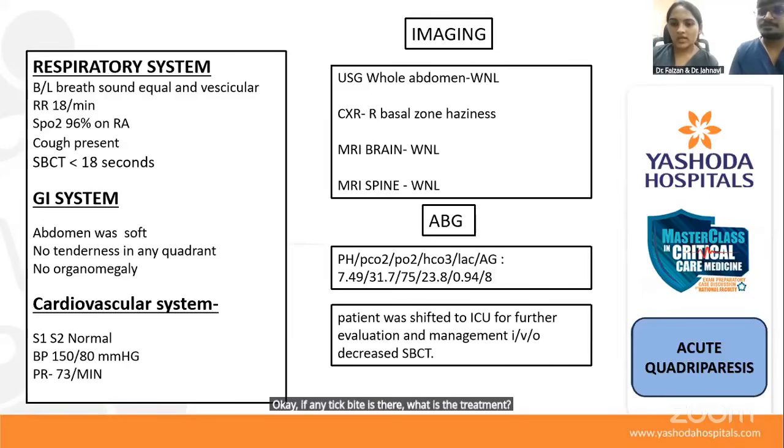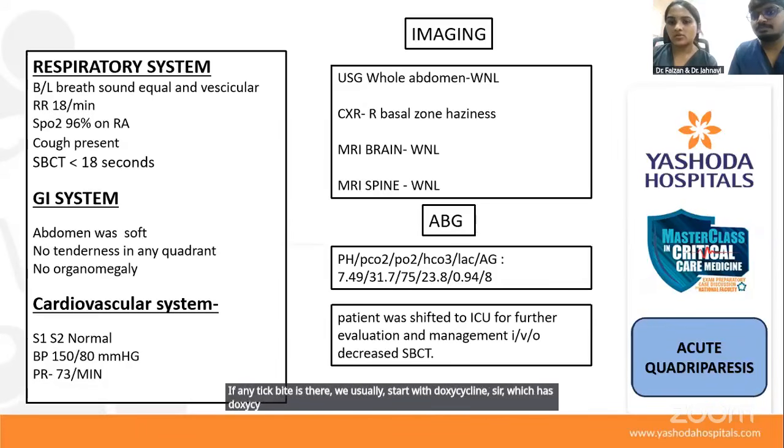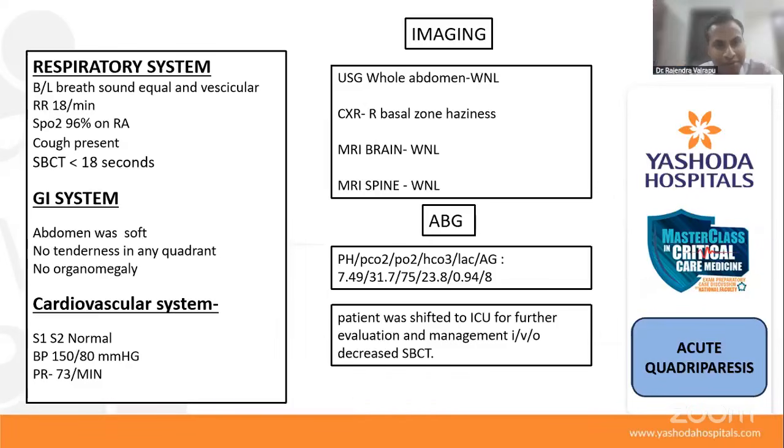If there is any tick bite, we usually start with doxycycline, sir. We have other options, like azithromycin, which can be given to the patient. The tick has to be removed, and soon the patient will get better.